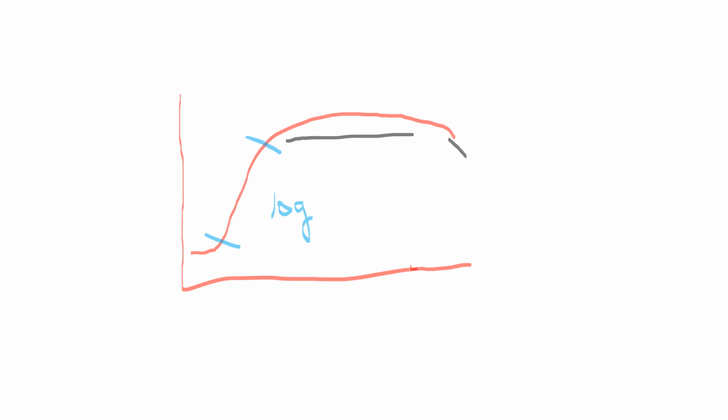Also keep in mind, in my lectures, I talk about the fact that when you're looking at a typical growth curve, you have an organism that is typically in log phase, where it's growing very rapidly, so in this phase right here, it's growing very, very rapidly.